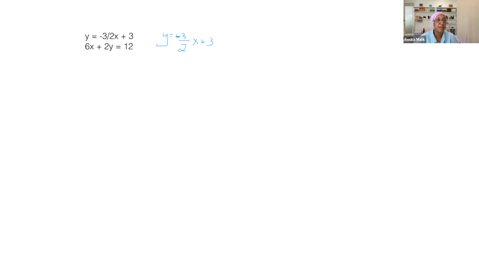What am I going to multiply it by to get rid of that 2 on the bottom? Whatever's on the bottom, I'm going to multiply it by that. I need to multiply it by 2, so I can get rid of the fraction.